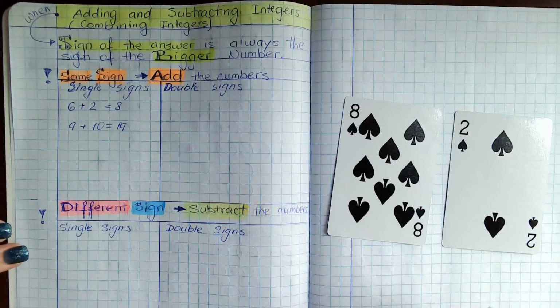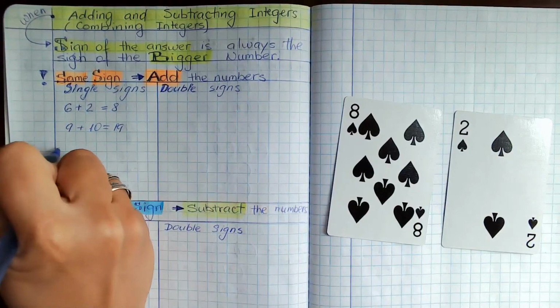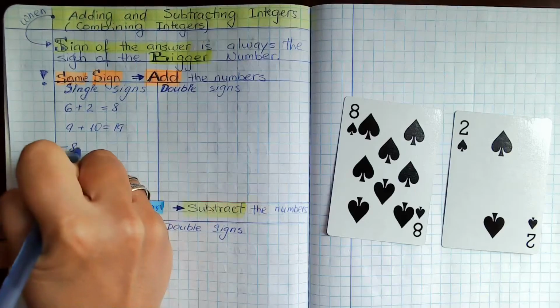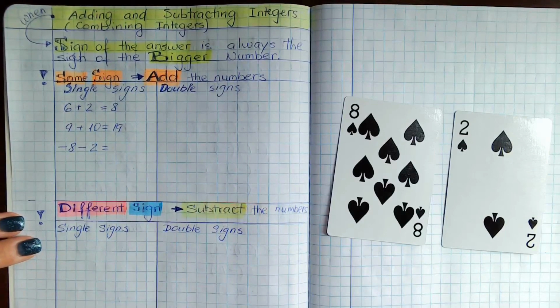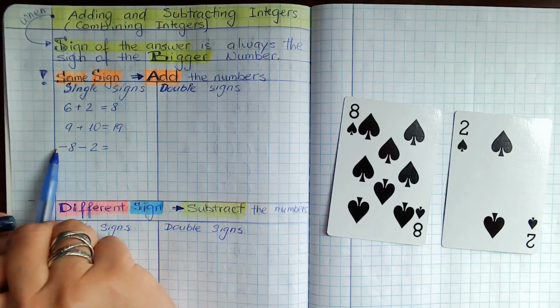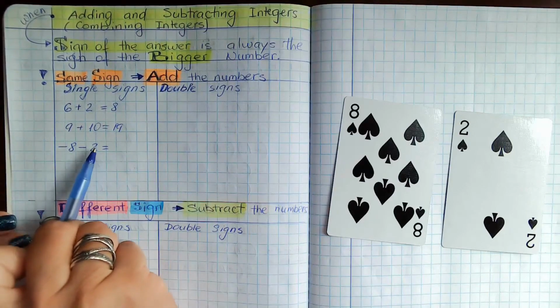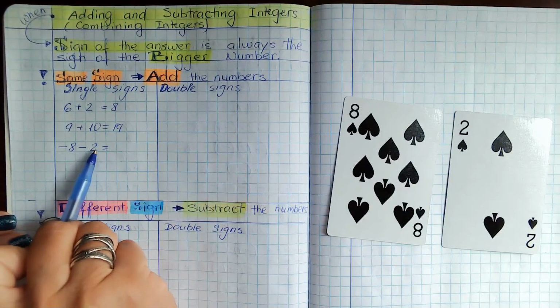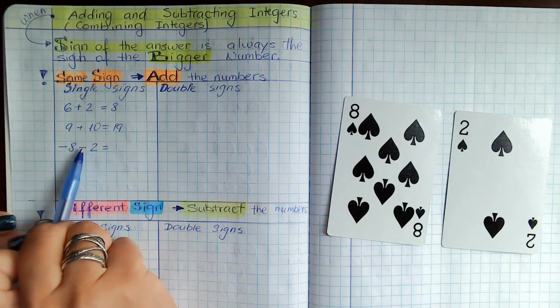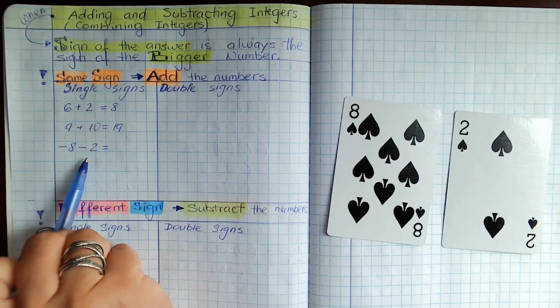How does that look in the problem? That would be negative 8 minus 2. Every number has a sign. 8 is negative, 8 spades. 2 is negative. Minus and negative mean the same thing. So if the sign is negative in front of 2, that's like looking at my 2 cards.